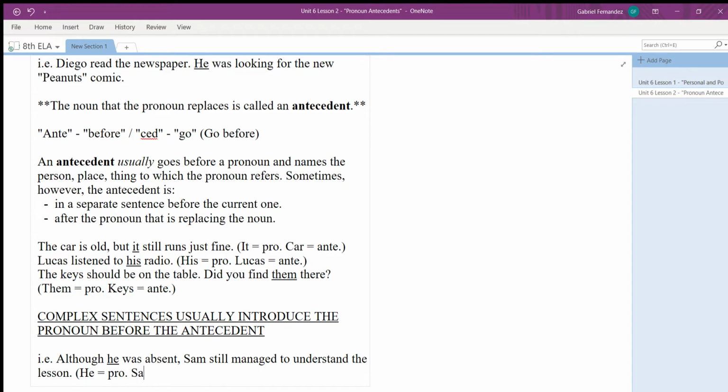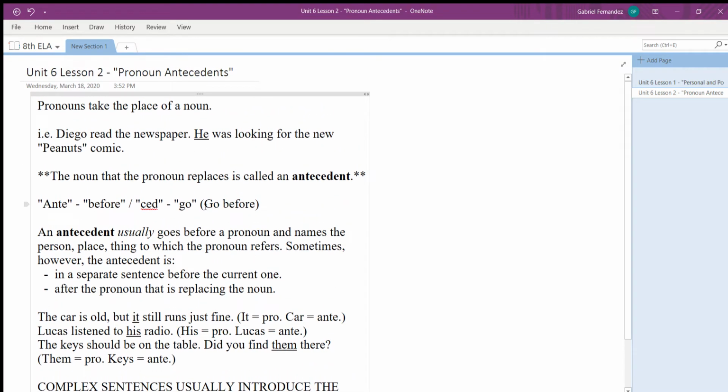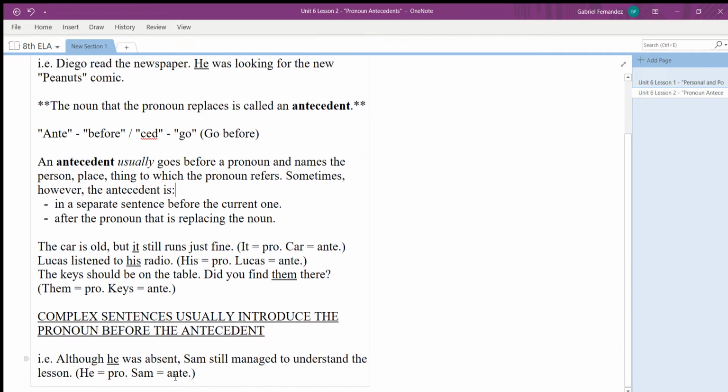And Sam is still called an antecedent. Even though antecedent means go before, we said by definition that a grammatical antecedent usually goes before the pronoun, not always. So in the case of a complex sentence, we have the pronoun actually coming before the antecedent. Okay?